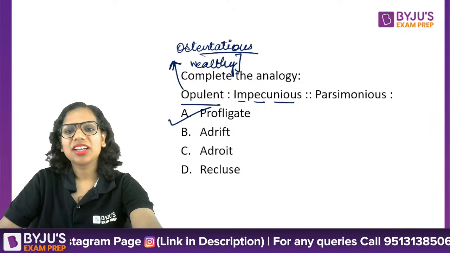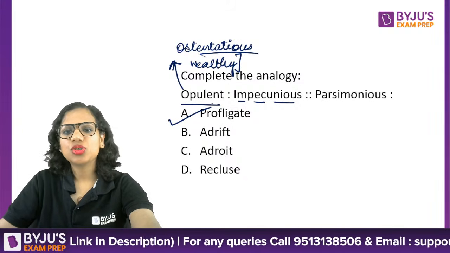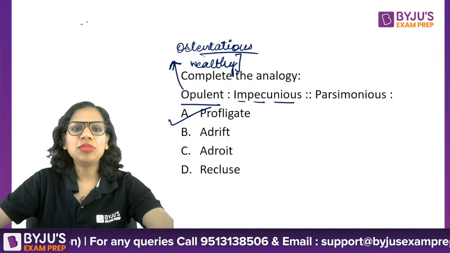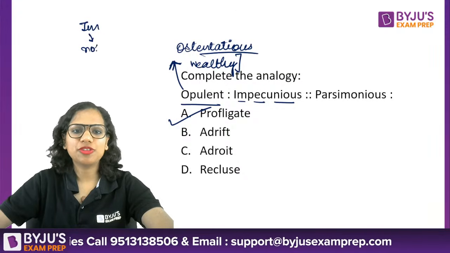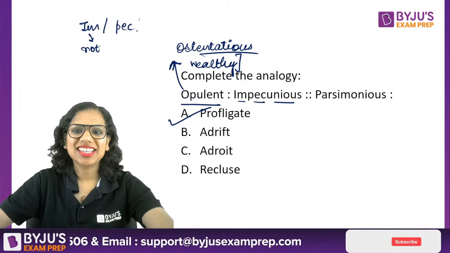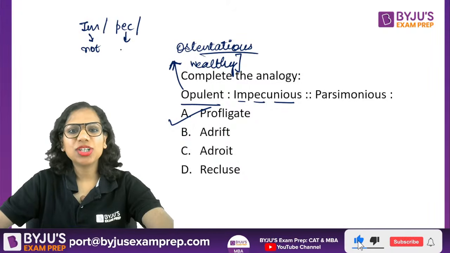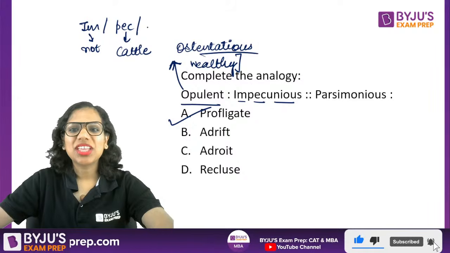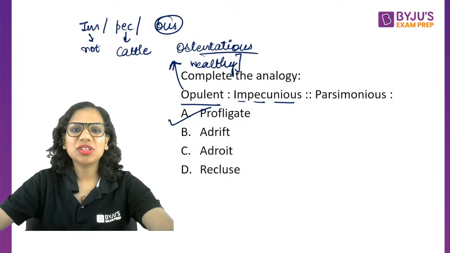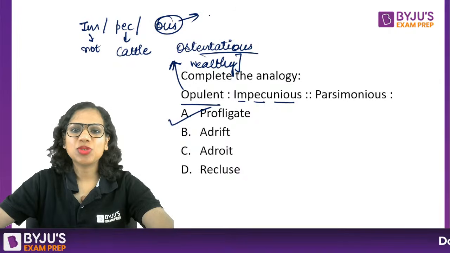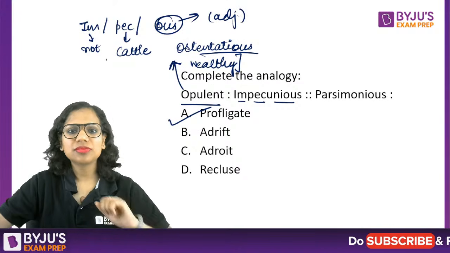Opulent is to impecunious. Now, im means not. It's a negative prefix. Pecus actually means cattle, and OUS has been used here to make it an adjective.